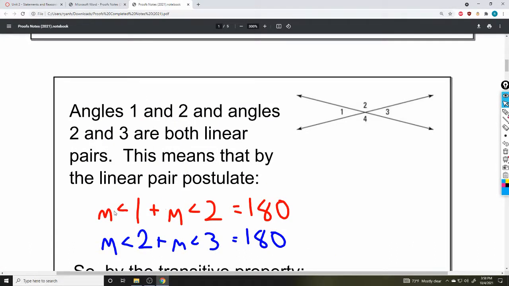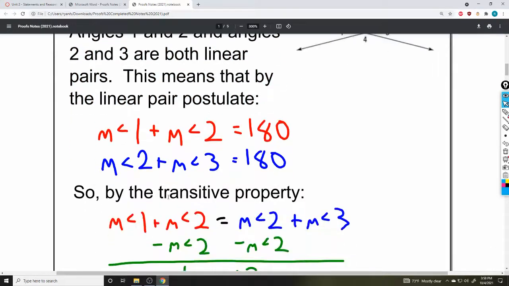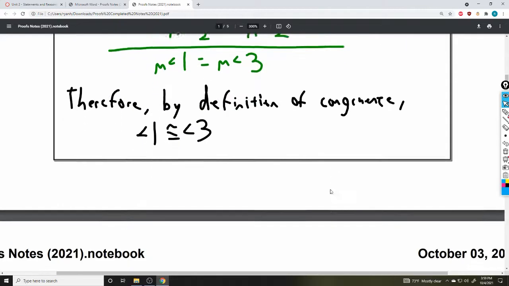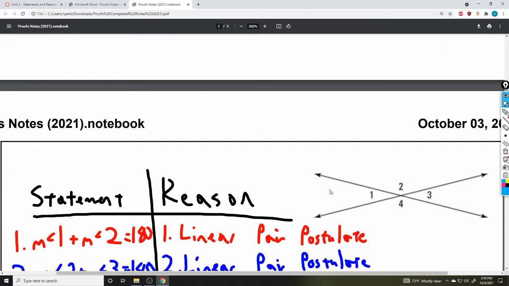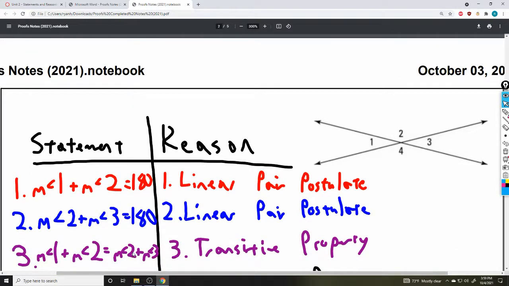And notice that I didn't just make these equations out of nowhere. I explained and talked through, here's why I can set up what I can set up. Here's why I can set these equal to each other. Right? Every statement has a reason backing it up. Now, from there, we can get these equal to each other by the transitive property.